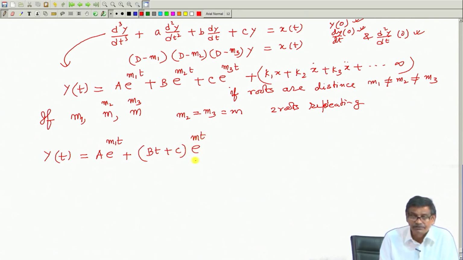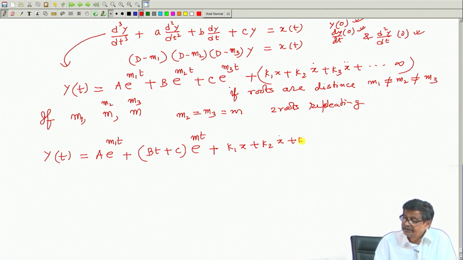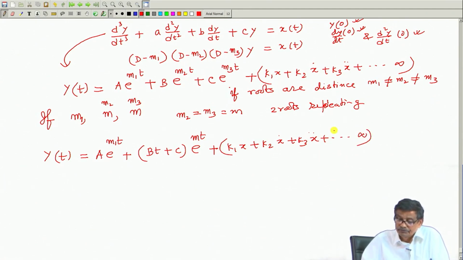Mind you, 3 constants will be there, but t appears for reasons which I have explained in my previous example. Why it will be different, plus k 1 into x plus k 2 into x dot plus k 3 into x double dot plus up to infinity, in one stroke.